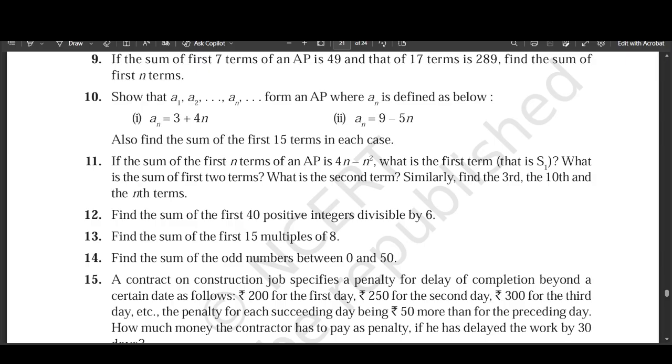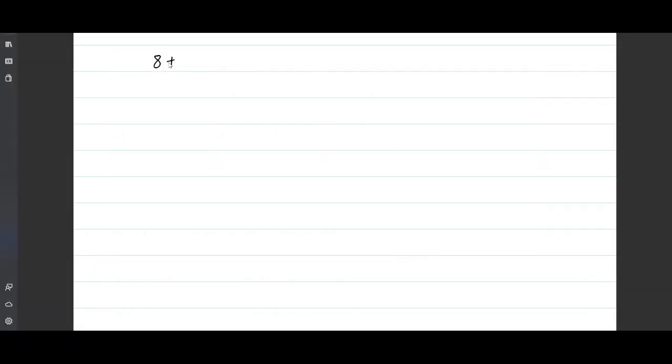So 13th question is: find the sum of first 15 multiples of 8. So we have to find the sum of 15 multiples of 8. First term is 8, second term is 16, third term is 24.